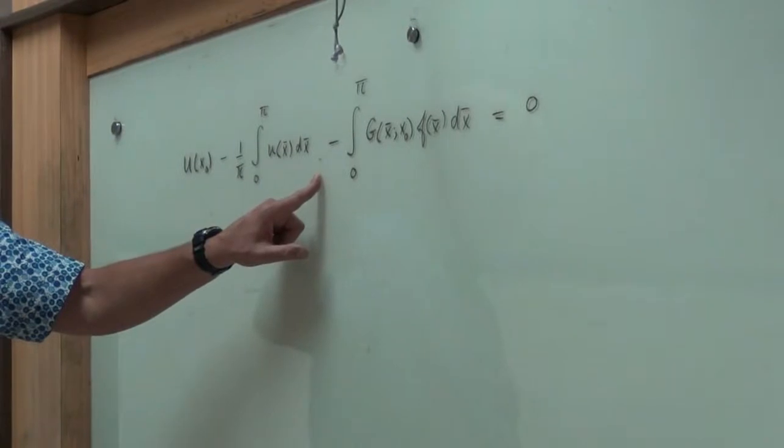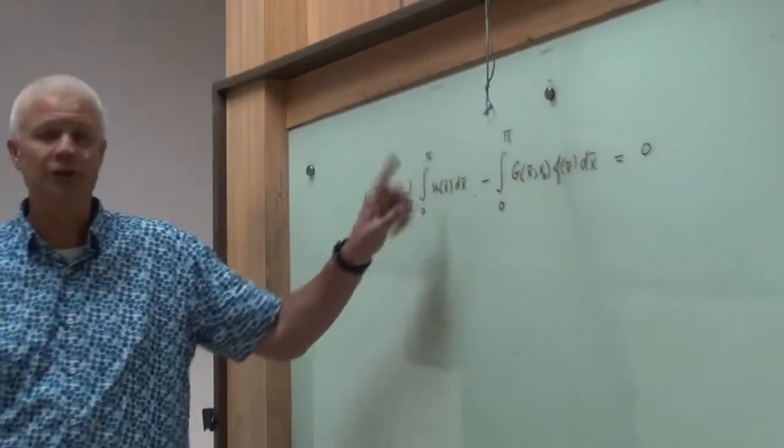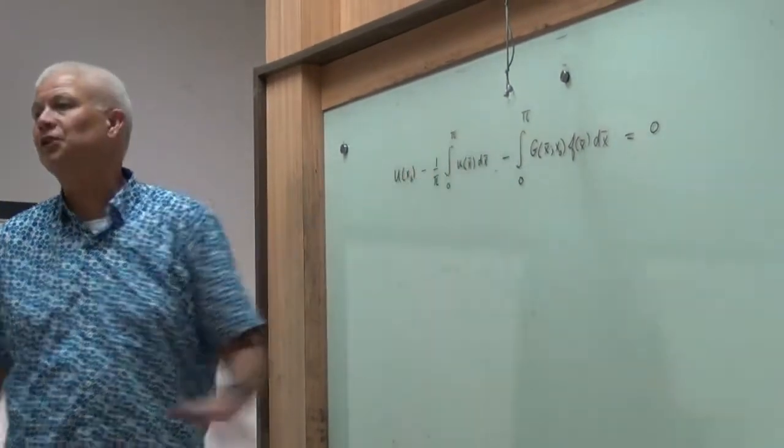The average temperature. So this is the average temperature. What can I say about the average temperature? Of course it's a constant in a stationary solution. But what is the average temperature now? 24 degrees.